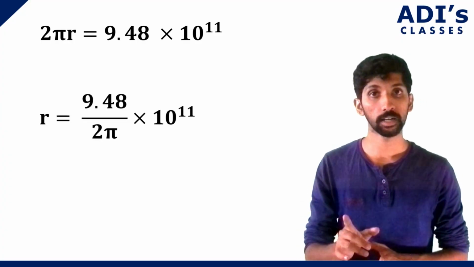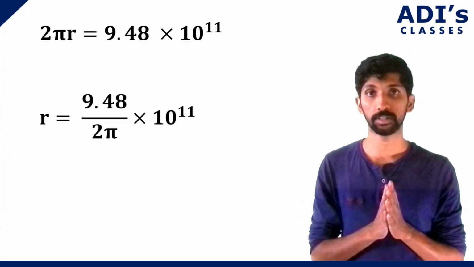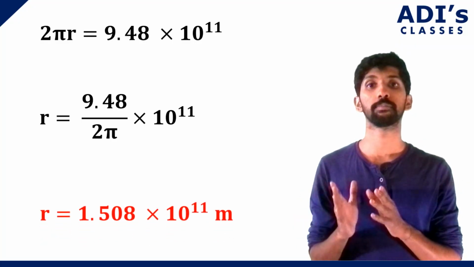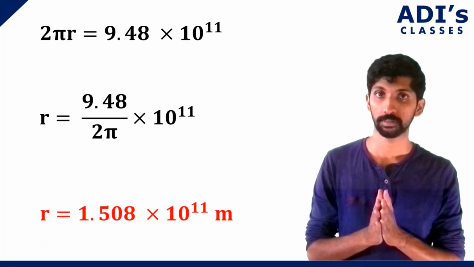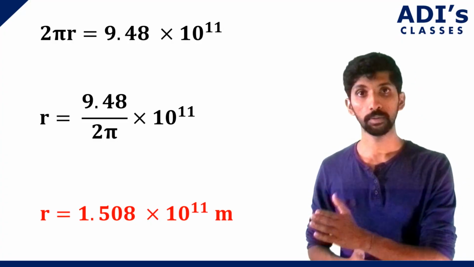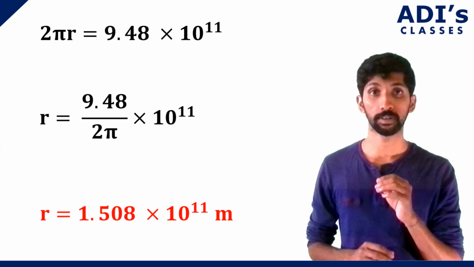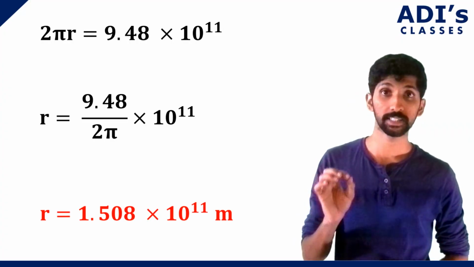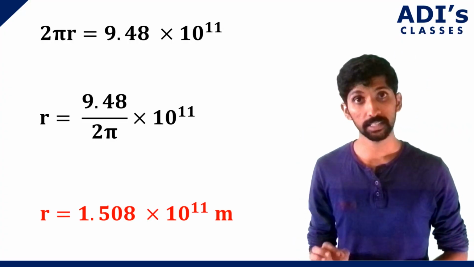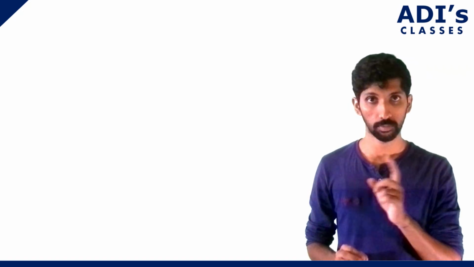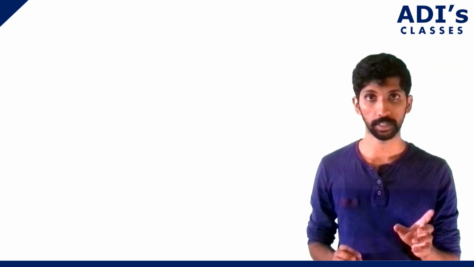So, 2 pi r is 9.48 into 10 power 11. So, r is equal to 9.48 by 2 pi into 10 power 11, which gives us 1.508 into 10 to the power of 11 meters. So this basically is the radius of the Earth's orbit.